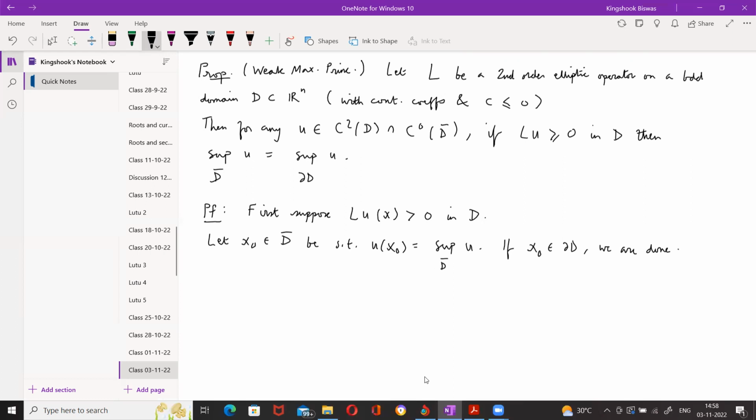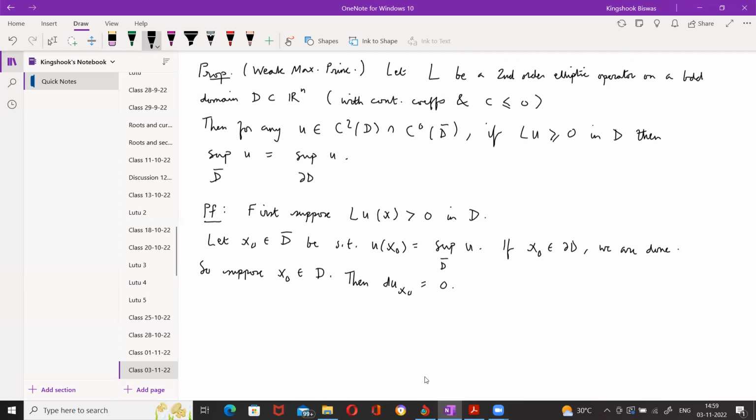So suppose x naught belongs to the interior. Then x naught is a maximum of u, so therefore the derivative of u at x naught is equal to 0, right?